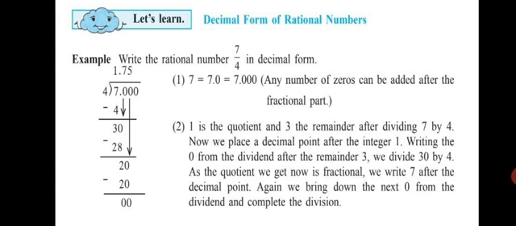Again we bring down the next 0 from the dividend and complete the division. So this is what I explained to you. Carry out normal division, only take care of the decimal point. Once you start dividing the number which is after the decimal point, that time you have to put the decimal point in the quotient also.